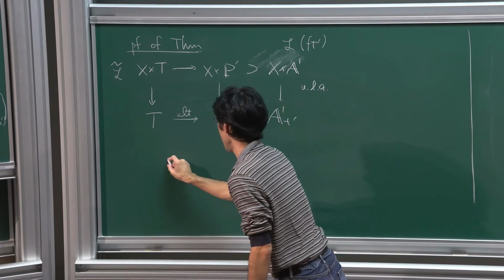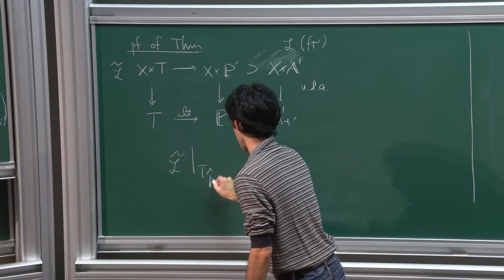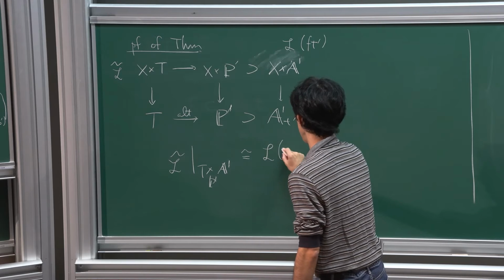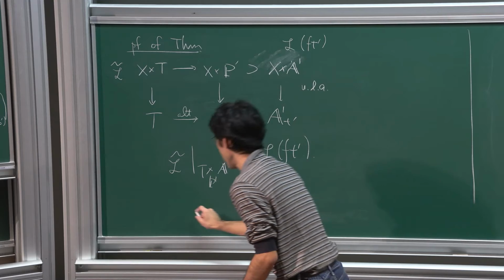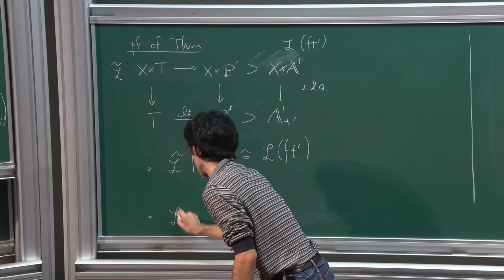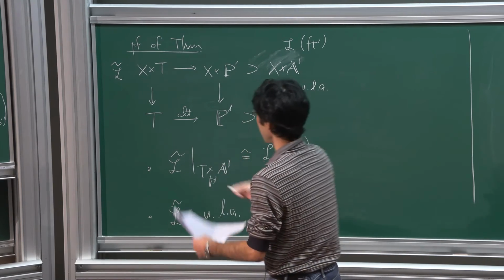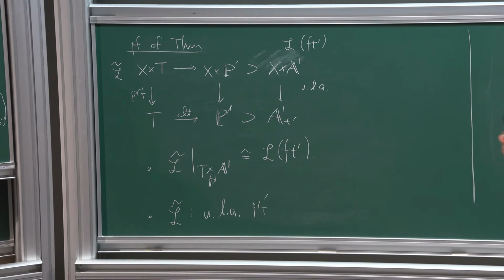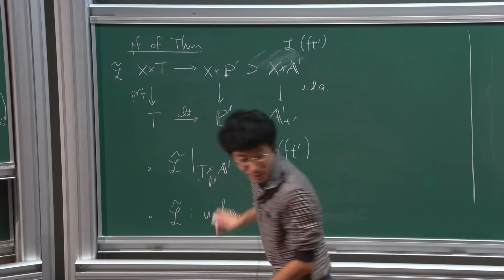If I restrict L tilde to this, this is going to be just the pullback of L ft prime, and L tilde is universally locally acyclic with respect to this P prime T. Just to check, it's P cross P1 over X. Ah, yeah, wait, so, exactly.